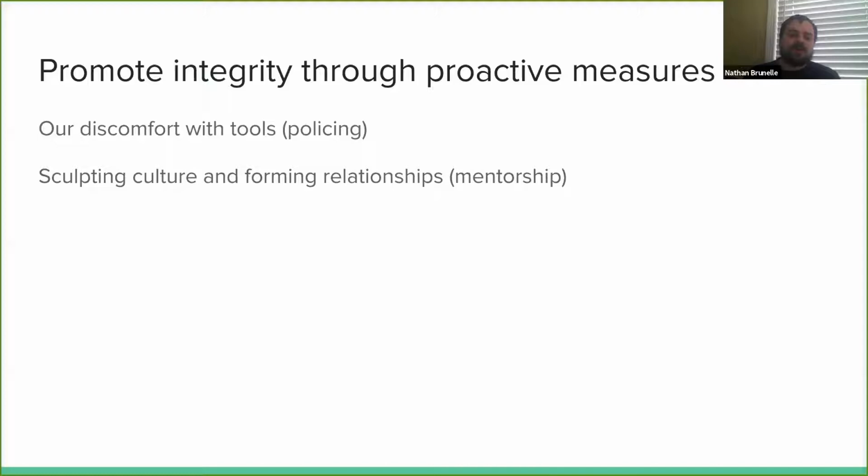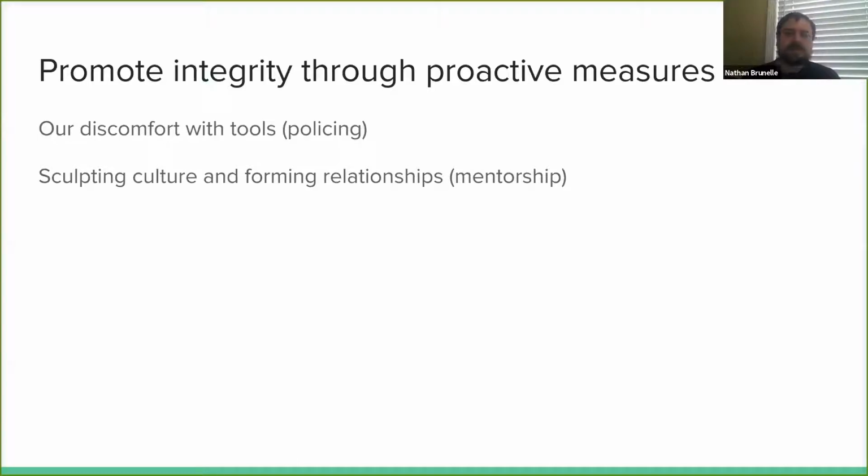And the response that we largely see to that is that people are trying to use more and more robust tools in order to identify academic dishonesty. And the issue that Robbie and I had was that we see that as a little bit inconsistent with how we prefer to view ourselves as instructors for a course.